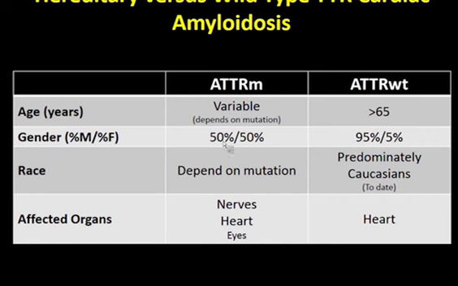This particular condition to date has been described in relatively equal numbers of men and women, whereas wild-type TTR has a predominance, at least to date, of being diagnosed in men. To date, again, predominantly individuals seen at large centers are of Caucasian ancestry, and the predominant organ affected in wild-type TTR, distinct from mutant TTR, is the heart, whereas the heart can be affected in mutant TTR, but more often the nerves are affected, initially causing a neuropathy.